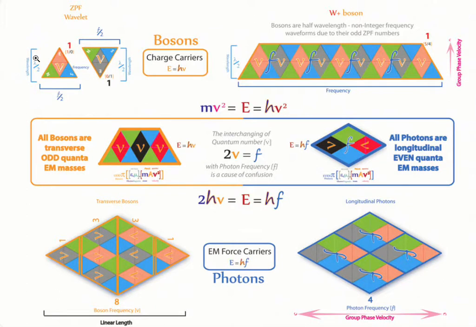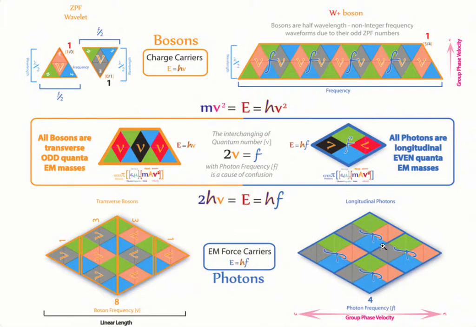Obviously the bosons are odd-numbered quantas, as we've mentioned, and the photons are the even-numbered or tau pi geometries. They are very similar, but you will note that in this case it's rotated, but if it was the same direction as far as the propagation of the wave, this one's 90 degrees to what this photon or EM wave is at the bottom. If they are both the same way, you would note that a boson in terms of a photon is a half wavelength compared to the full wavelength of the photon, obviously, because their energy momenta are all on the same level.